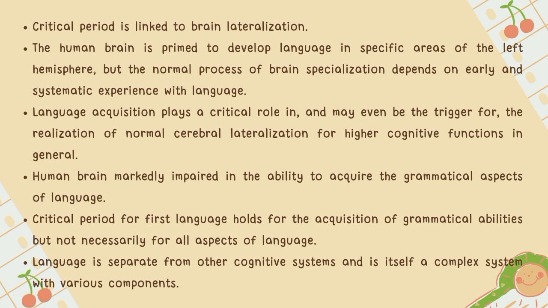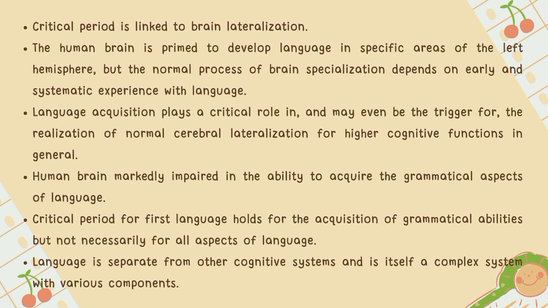The human brain is naturally inclined to develop language abilities in specific areas of the left hemisphere. However, the normal specialization of these brain areas relies on early and consistent exposure to language. Without this early linguistic input, the brain's development in these regions may be compromised.